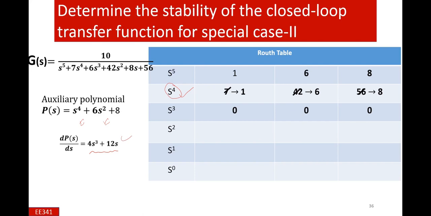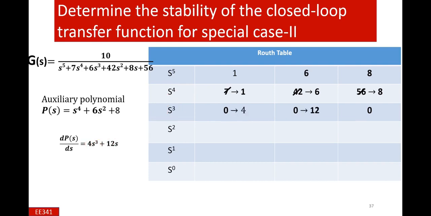This is s raised to the power 3, and this is also s raised to the power 3. So we can replace this 0 with this next coefficient, and similarly this 12 is replaced by this 0. So this is the criteria to handle this special case.